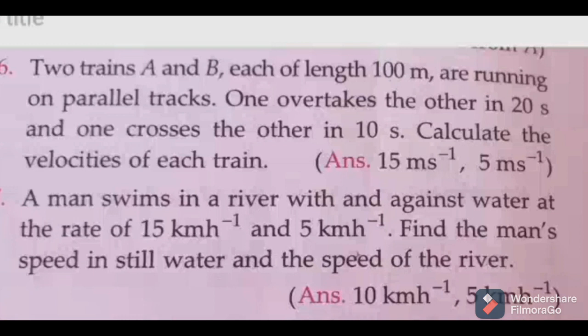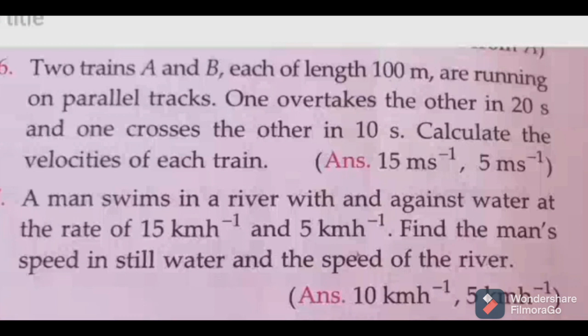That distance will be the sum of the lengths of the two trains. Unless it is given in the question that there is some gap between the trains, we will consider that they were end to end when one crossed the other or overtook the other. So the distance covered remains the same.